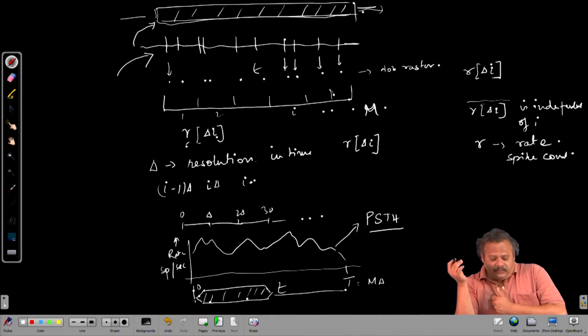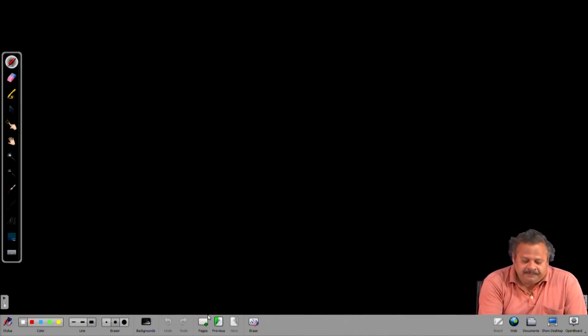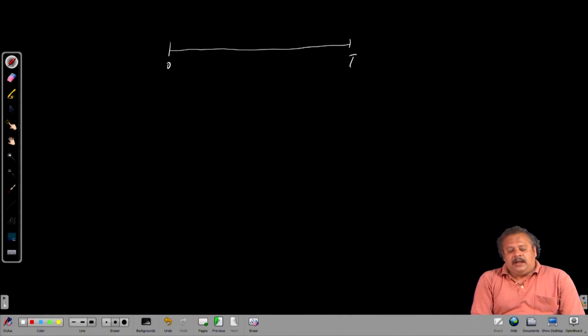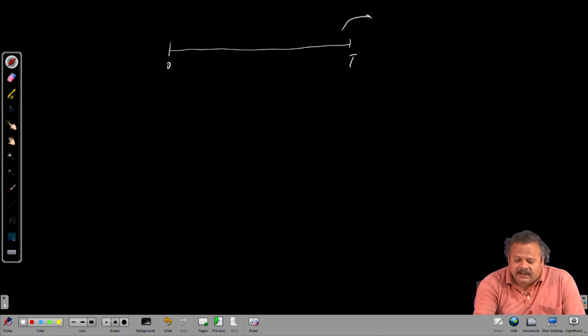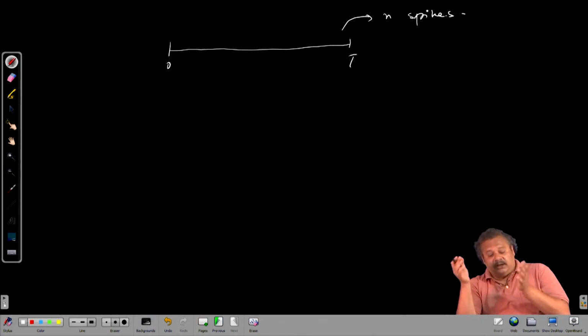Here is how we can consider that. Let us say there is a time window, capital T, that we are analyzing, 0 to capital T, and there are, let us say, n spikes that occurred in 0 to capital T.